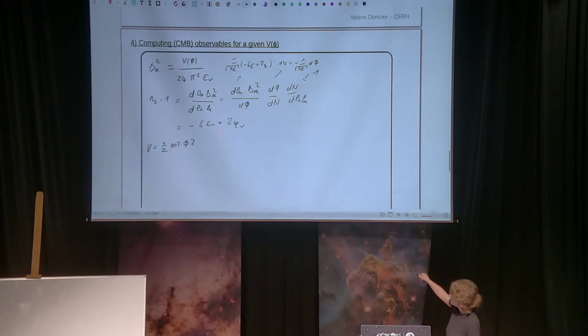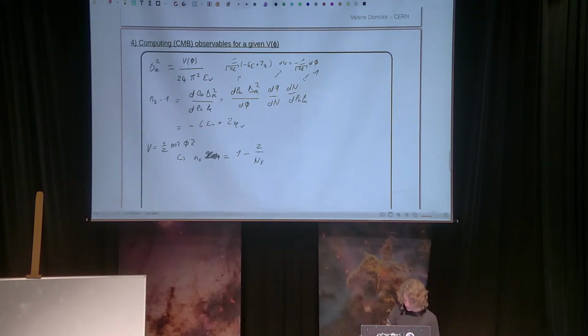The ns, because it only has V prime over V or V double prime over V, will not depend on the mass. So ns is actually a prediction independent of the mass of the scalar potential. And if you just evaluate epsilon and eta for the scalar potential, what you will get is that ns is 1 minus 2 over N star, where N star is the e-folds when the CMB scales exited the horizon.